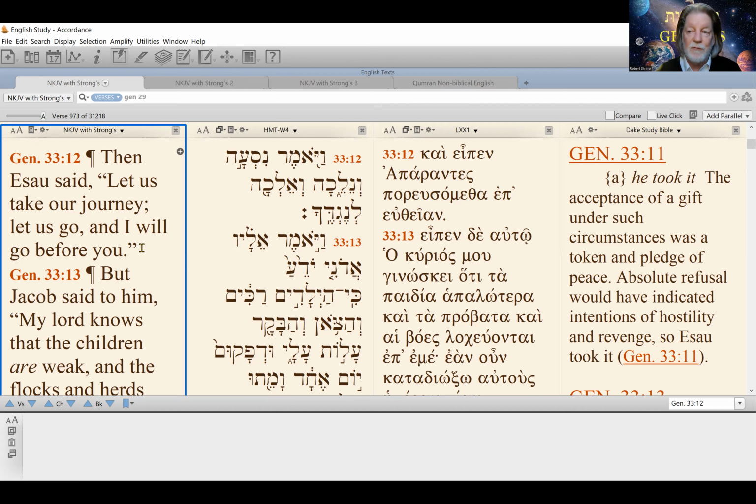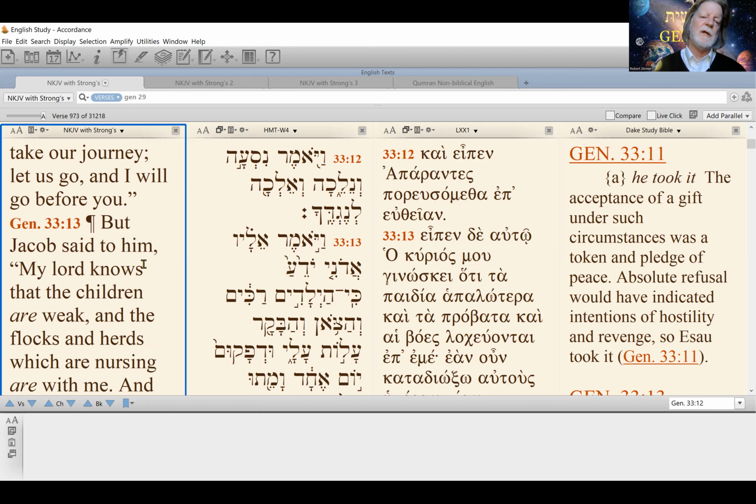Or he might have wanted Yaakov to join him where he lives on Mount Seir in what we now call Saudi Arabia. But in those days, it was called Edom, the land of Edom. And we could say Esau is the king of Edom. And so he wants his brother to join with him. So he says, let's take our journey together.